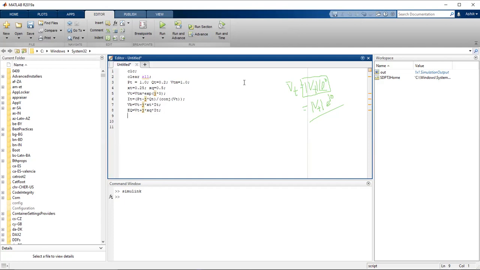So now what would be the angles? Let's play with the angles. What was the angle of IT? Theta, right? So theta was the angle of phasor IT. What was the angle of phasor VB? Delta 2 probably, right?